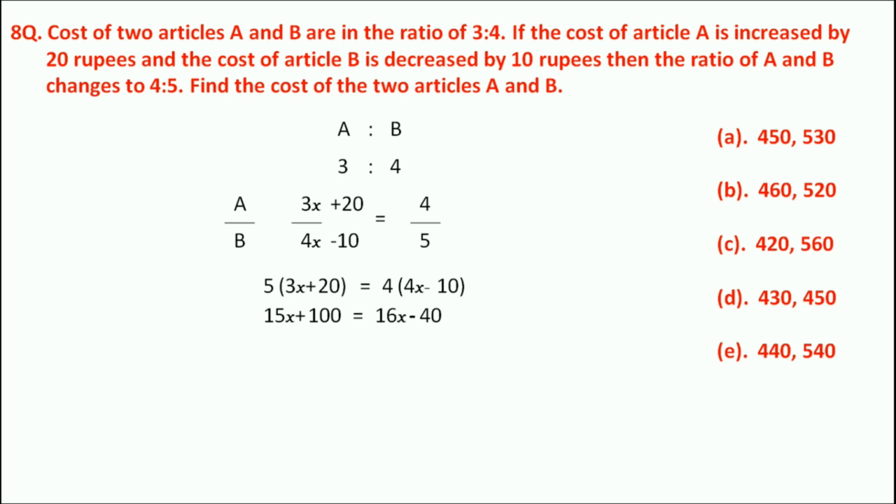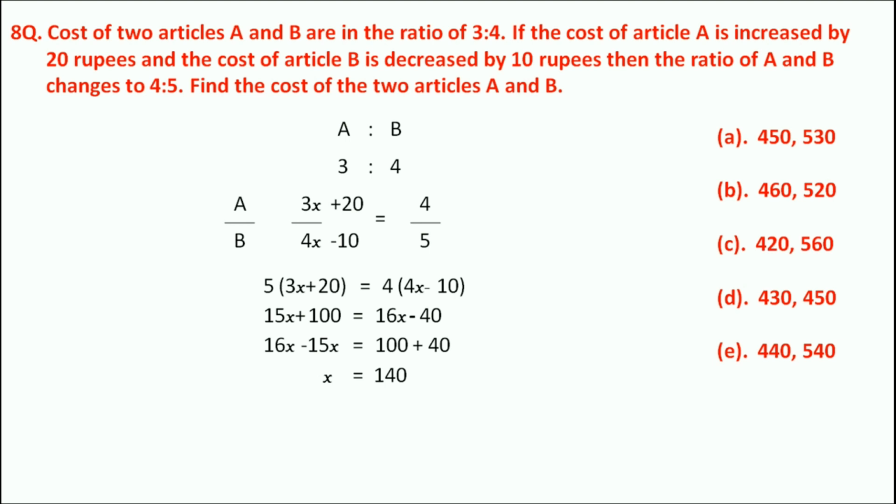Take 15x to the right side of the equation, and minus 40 to the left side, we get 16x minus 15x is equal to 100 plus 40. 16x minus 15x remains x, is equal to 100 plus 40 is 140. We got x is equal to 140.